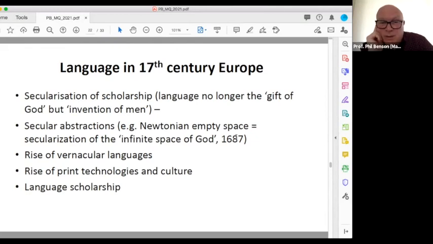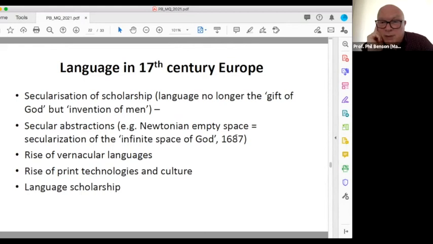It was also the period in which secular abstractions were emerging all over the place. And one of those at the end of the century was the idea of Newtonian empty space, which was essentially a secular version of the infinite space of God, of infinity, which was seen as a divine concept in Christianity.